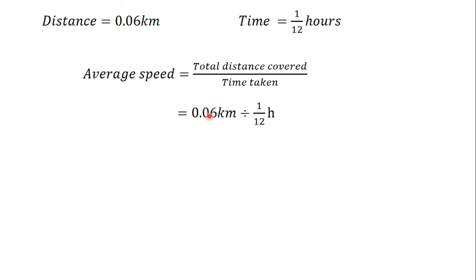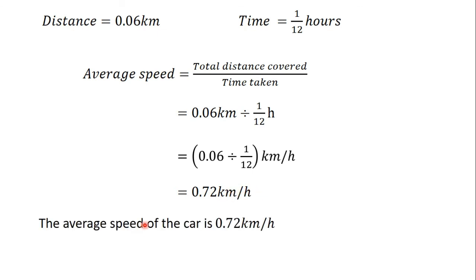We can divide the numbers separately, then we divide the units separately. When we do that, we are going to have 0.06 divided by 1 divided by 12. Kilometers divided by hours will give us kilometers per hour. 0.06 divided by 1 divided by 12 will give us 0.72 kilometers per hour.